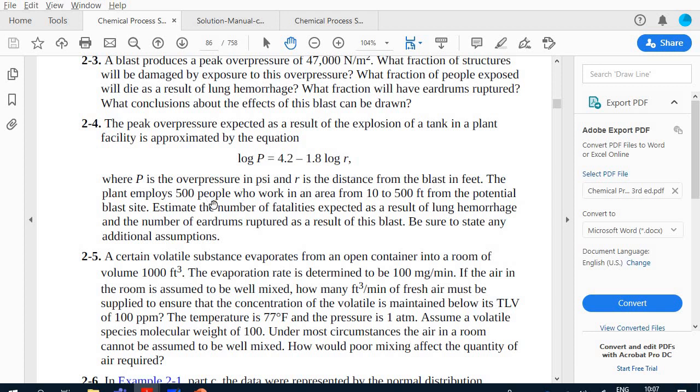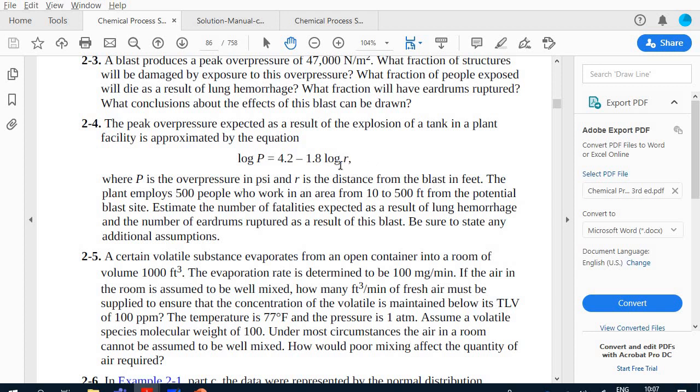However, we are not sure how these people are distributed, so we can't calculate the percentage affected. It just gives me the percentage. So I don't know how many people are within that radius. I need to know how many people are within that radius, so that I can calculate the percentage of those people sitting in that radius. And it's very simple to calculate.